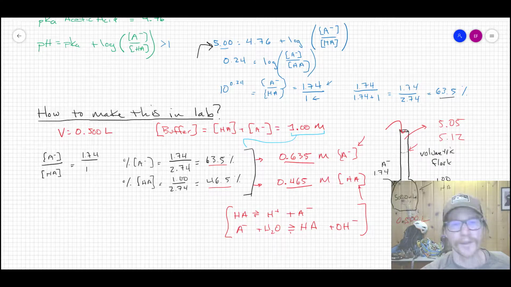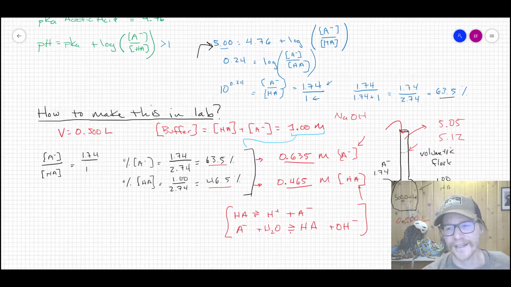and if you were going to make this in a lab, the best way to do it would be to compute it like this, or in the second way, which I'll show you. Add them to your 500 ml flask and bring it up to volume, and then change the pH to the desired level by having small additions of either a concentrated base, usually NaOH or KOH, if you needed to get it more basic.